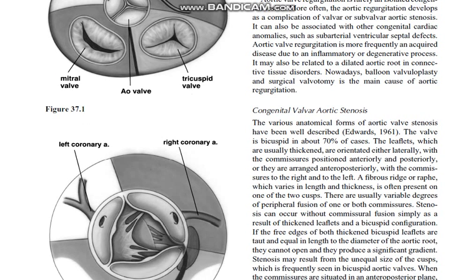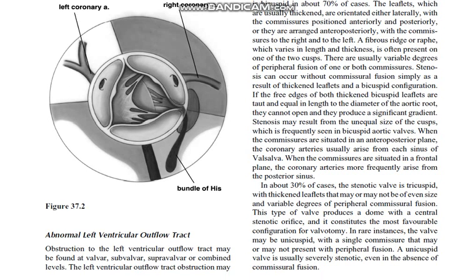I'm continuing to read the topic: abnormal left ventricular outflow tract. Obstruction to the left ventricular outflow tract may be found at valvular, subvalvular, supravalvular, or combined levels.